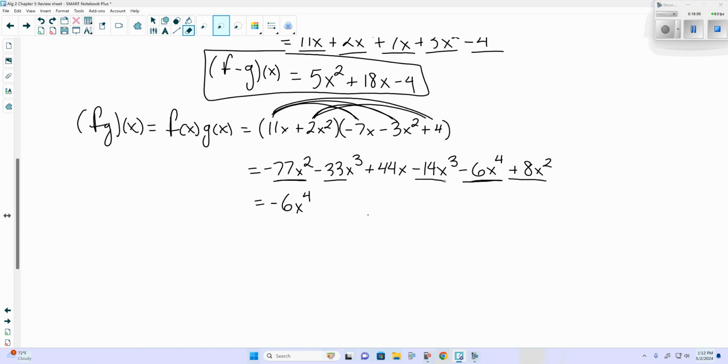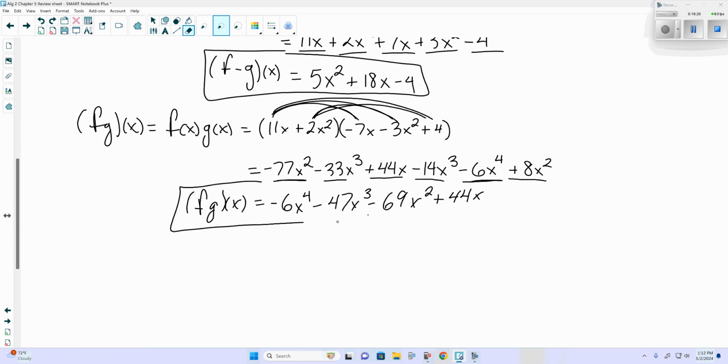Negative 33 minus 14x cubed would be negative 47x cubed. Then we would do negative 77x squared plus 8x squared, which is negative 69x squared. And lastly, we would have plus 44x. And that's our f times g of x.